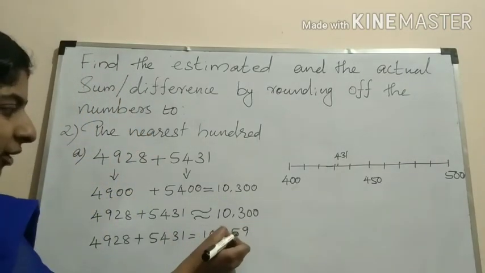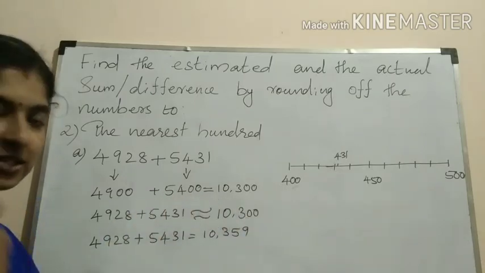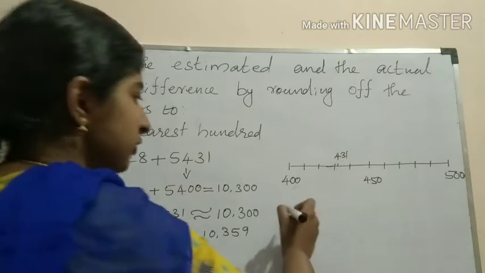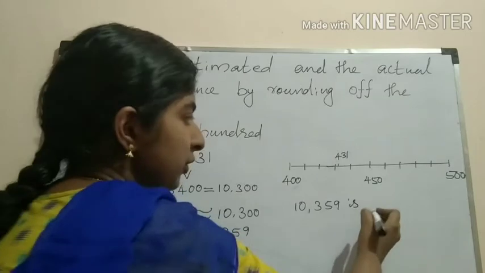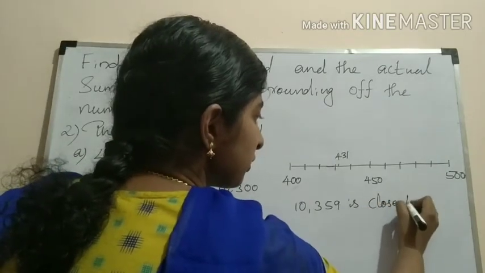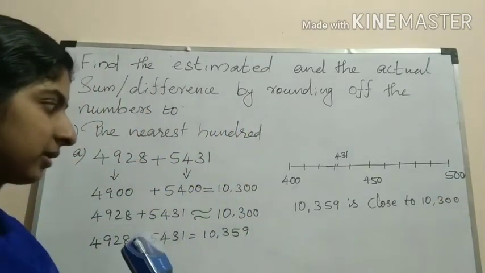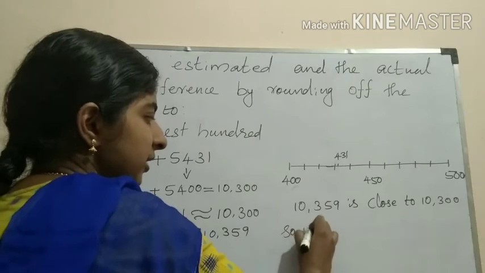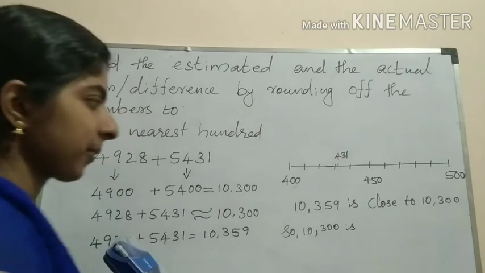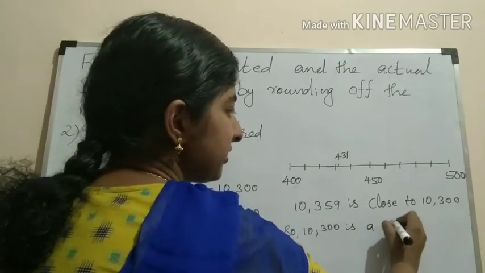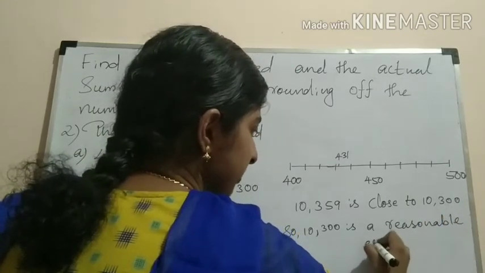This 10,359 is nearest to 10,300, isn't it? 10,359 is close to 10,300. Done. So 10,300 is the reasonable estimate.